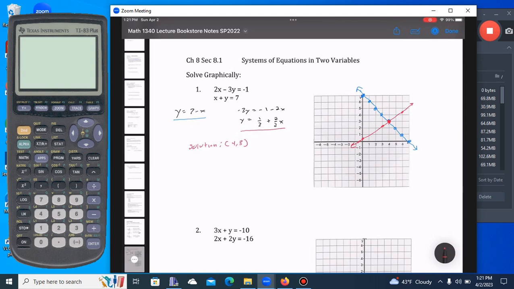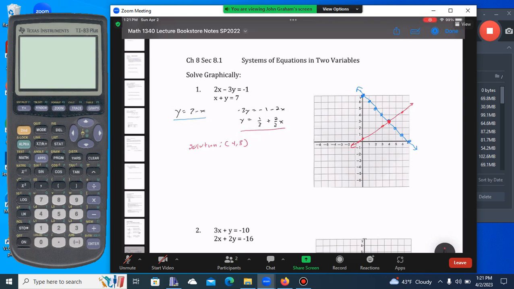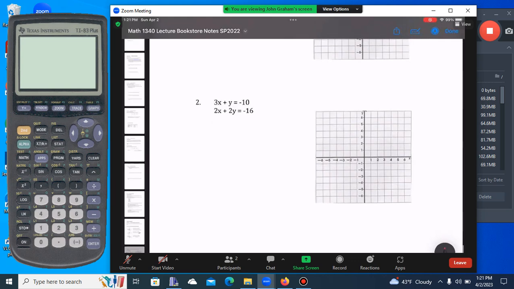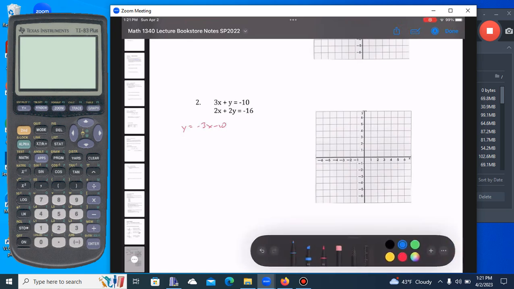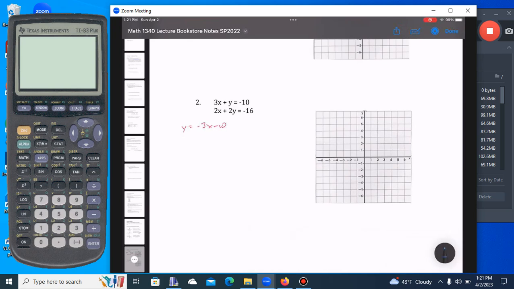The next one I'm actually going to plot on the calculator. So both of these, again, we've got to solve for y. So the first one is y equals -3x minus 10. And the next one, 2y equals -2x minus 16, so y equals -x minus 8.